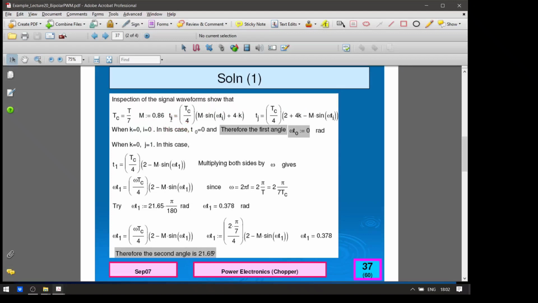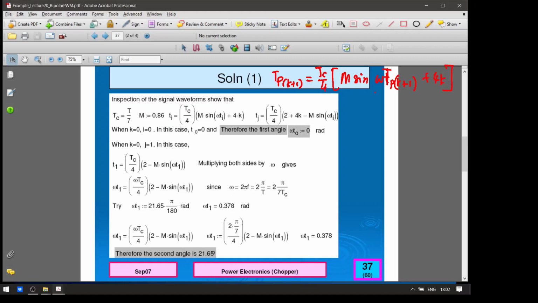So we can write the equation again: Tp(k+1) equals TC over 4 times M sine omega t at Tp(k+1), plus 4k, the first slope.